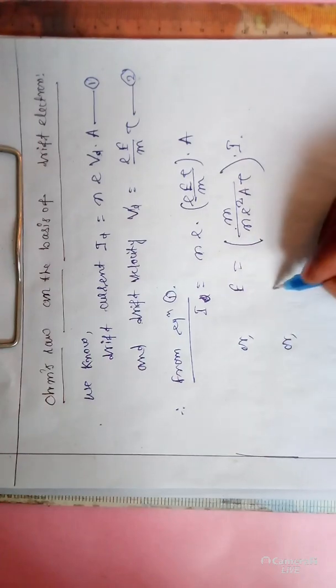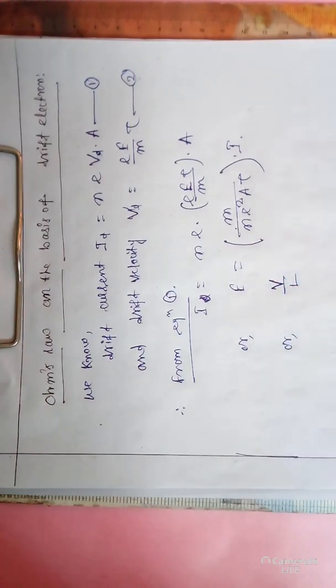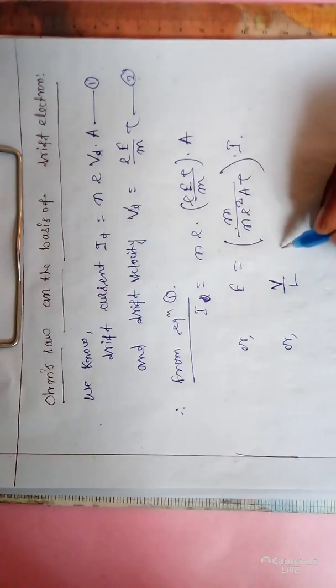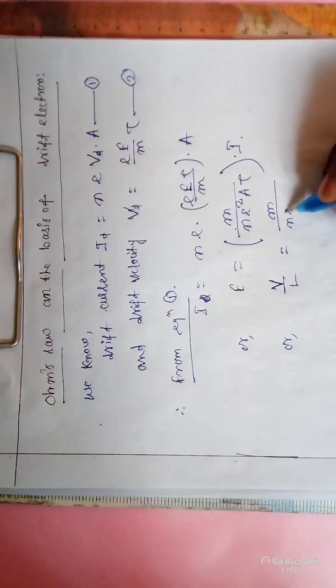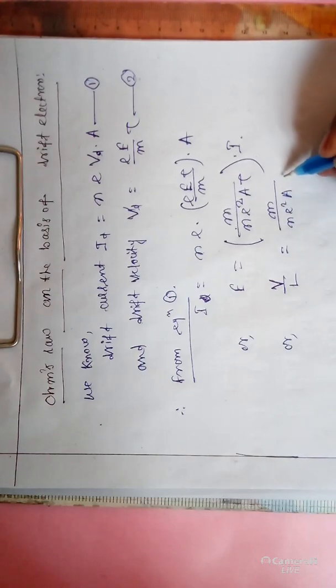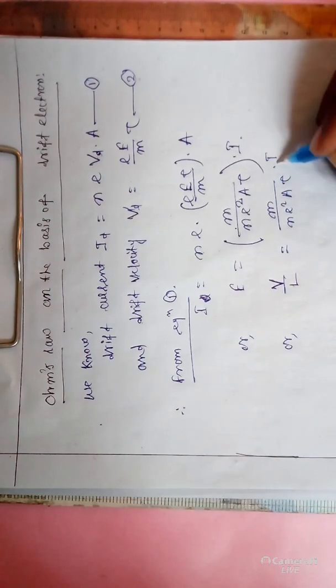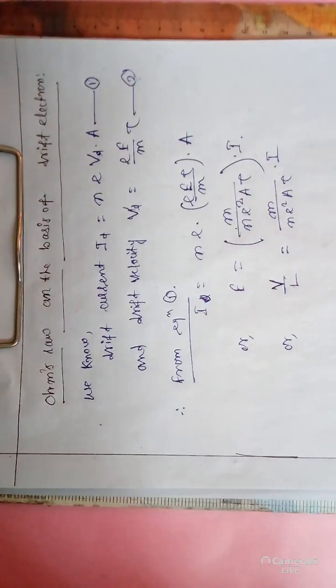Again, what is the value of E? E is equal to V by L, where V is the potential difference here. So V by L is equal to m by N e squared A tau into I. Clear?